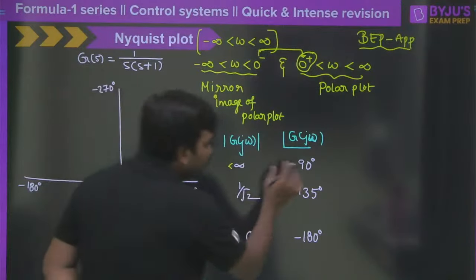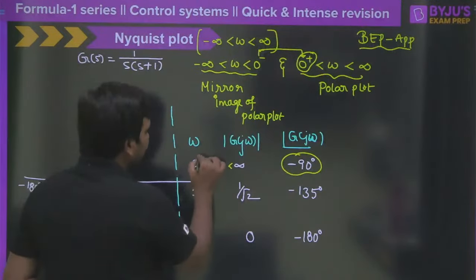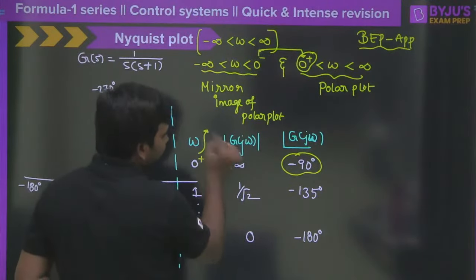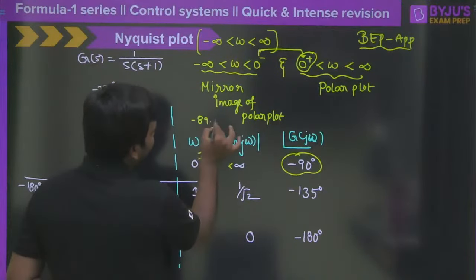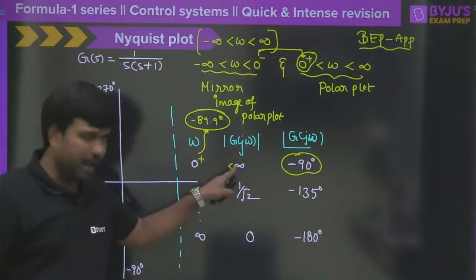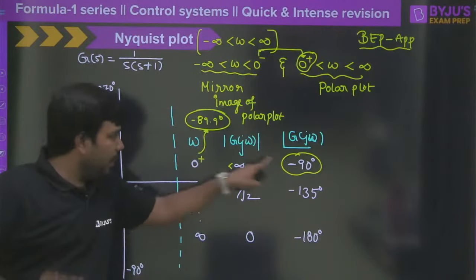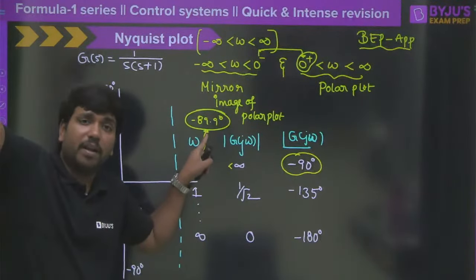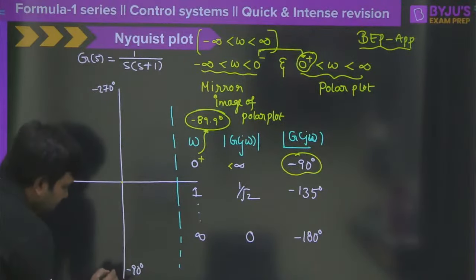And the phase is also not minus 90 degrees, rather it will be like minus 89.99 degrees, something like that. That means the magnitude is very high, very heavy, but the phase is not exactly minus 90 degrees.